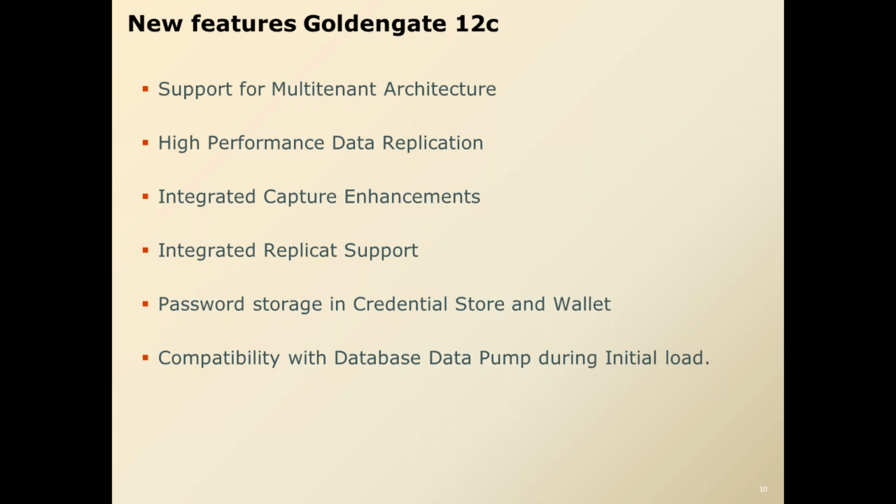They should not be visible to everyone. So you can store the password in credential store and wallet. Compatibility with database data pump during initial load. So it is now compatible with the Oracle database data pump process while doing the initial load.